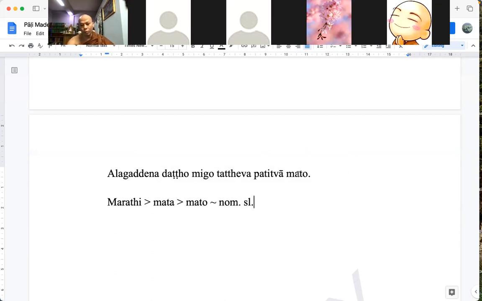So the subject will also be in the nominative case singular. Here we can have two things, dato and migo.